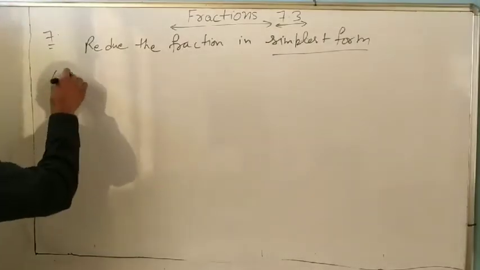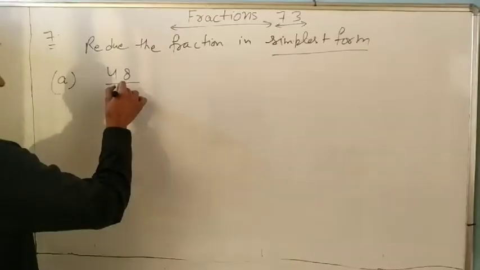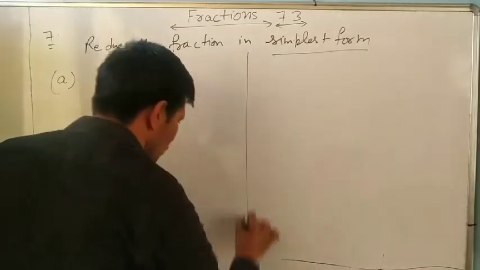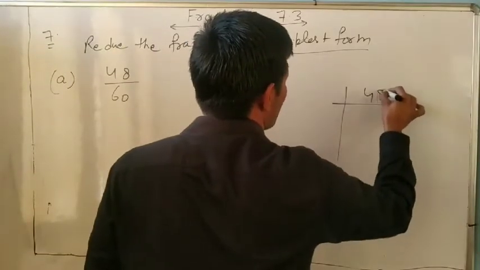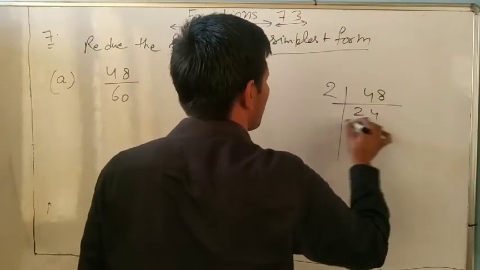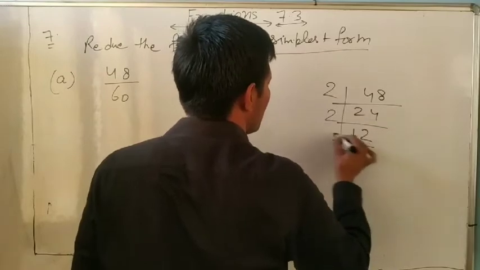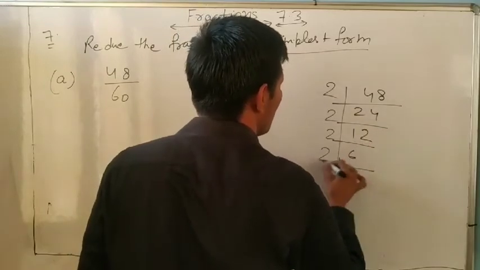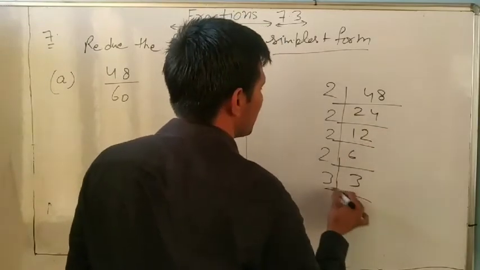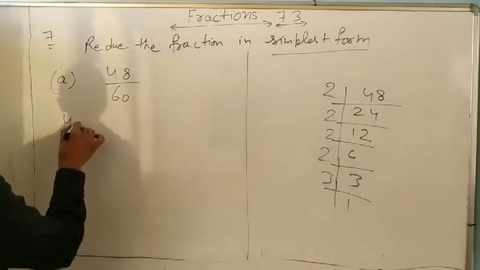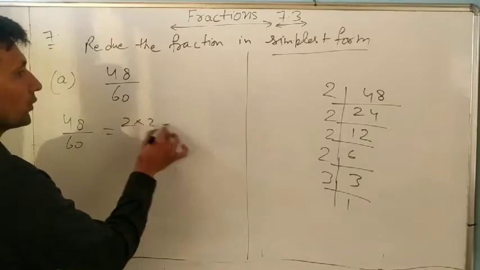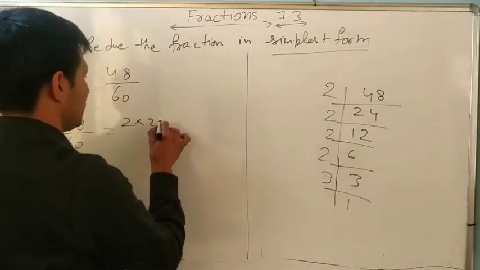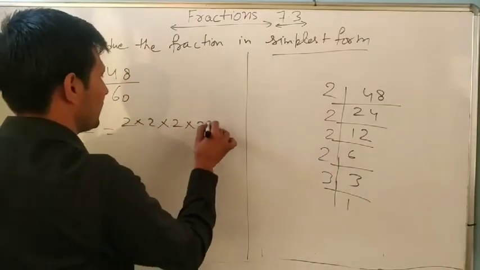The first part, 48 divided by 60. There are also 2 methods. First we will find the factors of 48: 2, 24; 2, 12; 2, 6; 2, 3; 3, 1. So we can write 48 by 60 equal to 2 into 2 into 2 into 2 into 3.